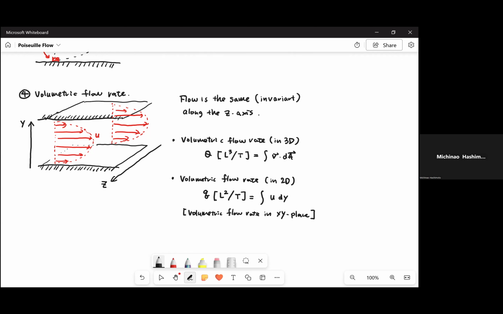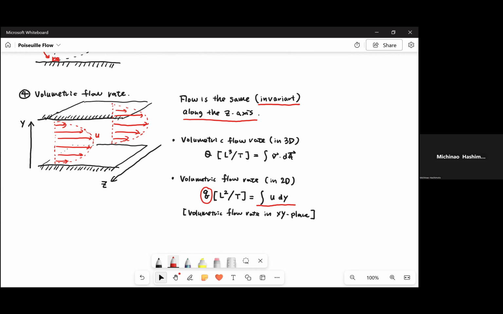One is the flow in the 3D space, or when we have a flow that is invariant along the z-axis, instead of considering the entire 3D space, we can just consider the plane. So in a sense, it's a planar volumetric flow rate. That can be integrated U across Y, which allows us to identify this quantity q.